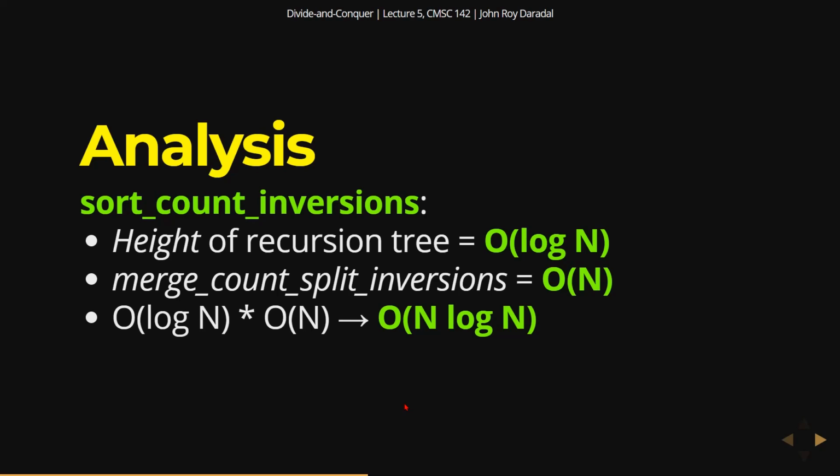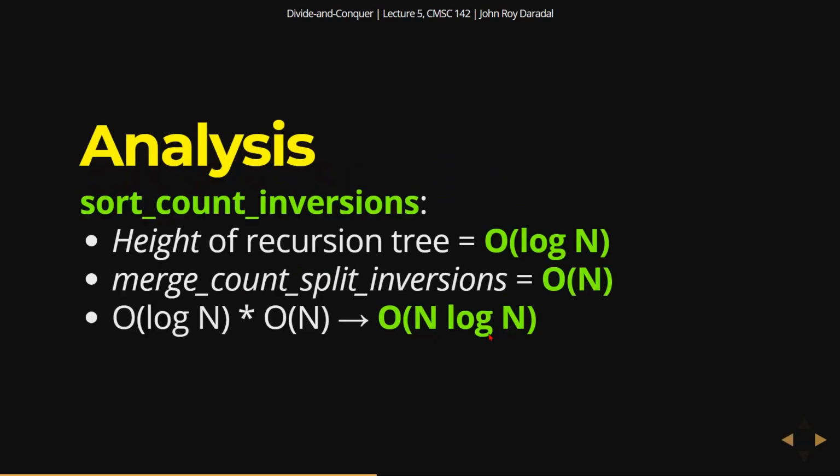So log n levels, because it's the height of the recursion tree, and at each level you do O of n work, so the total running time is n log n. So more or less similar to merge sort, because we just piggybacked on merge sort anyway.